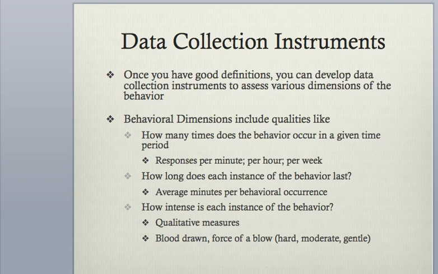Or, say you're studying self-harm, it might be based on whether or not they drew blood. And so you might have just two measures. Or it could be how hard a blow is delivered: the blow was hard, it was moderate, it was gentle. And so you can develop qualitative measures as well as quantitative measures.